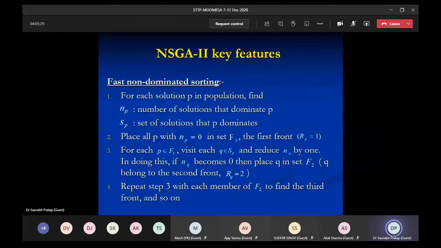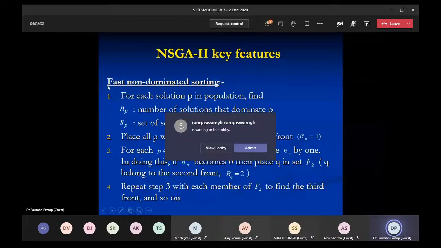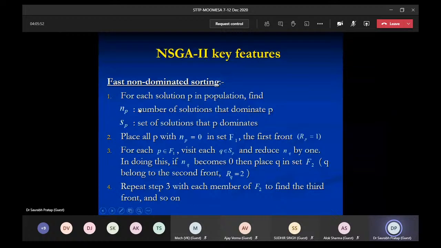Now, this one is the algorithm. That one is the non-dominated sorting genetic algorithm, and the feature is fast non-dominated sorting. So, first of all, we have to generate a random population. Mathematically, NP is the number of solutions that dominate P, and SP is the set of solutions that P dominates.